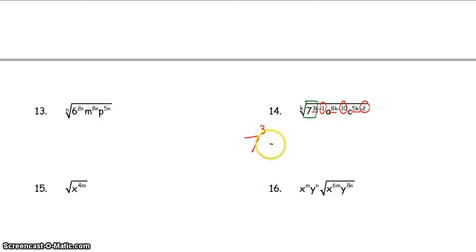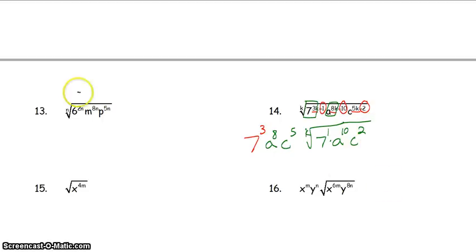A to the 8k turns into a to the 8. And I use that piece. C to the 5k, so c to the 5th. And then we have the k root of things that could not be divided by k. That's 7 to the 1, a to the 10th, and c to the 2nd.